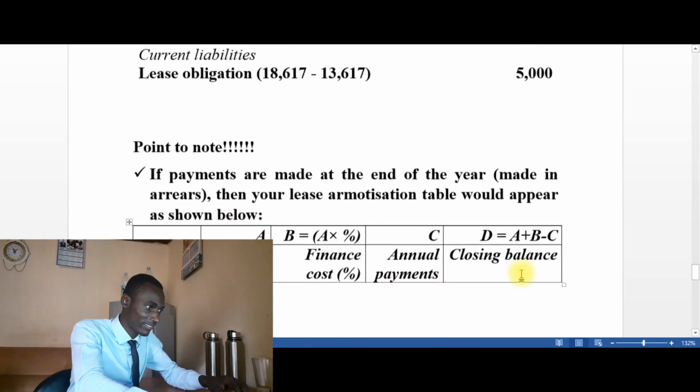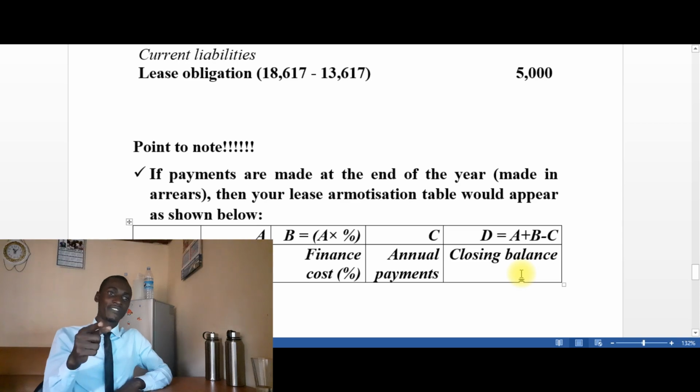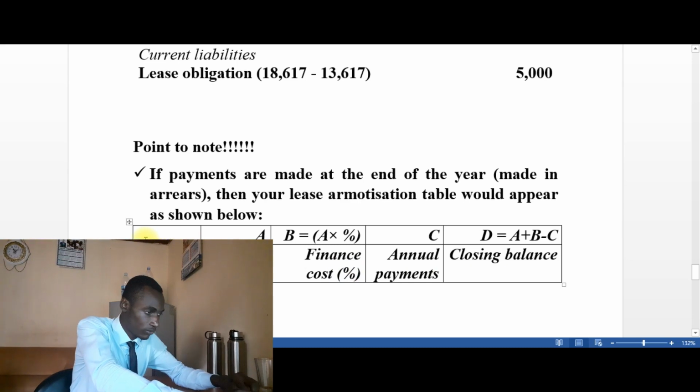Now there is a point to note. Remember, as I have told you, that at times payments can be made in advance or in arrears. Now, if payments were made in arrears, that is at the end of each year, then this will be the format of your table. Start with years, get your opening balance, then you get the finance cost. Meaning that in this case, to get the finance cost, I get my interest rate and subject it to the opening balance to come up with the finance cost.